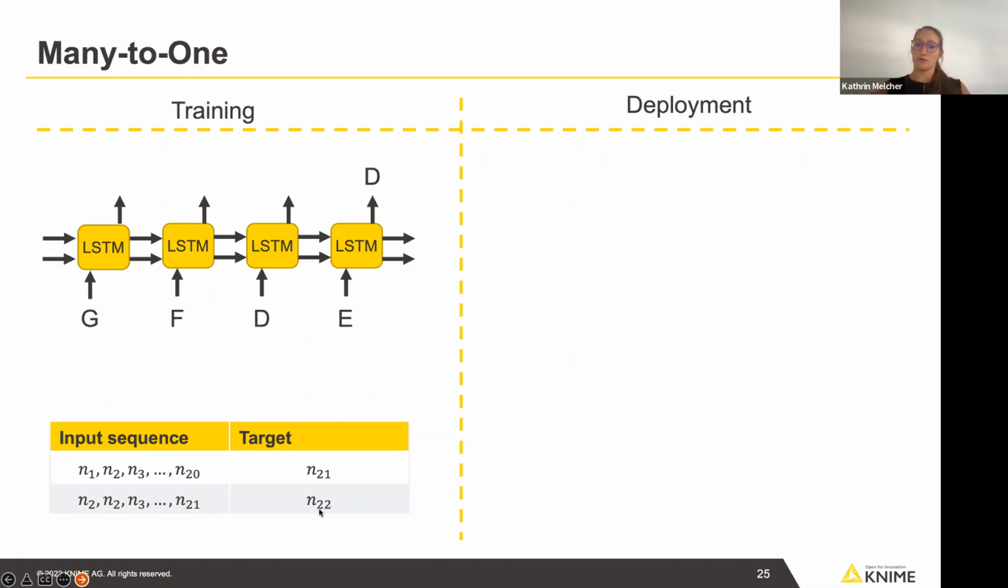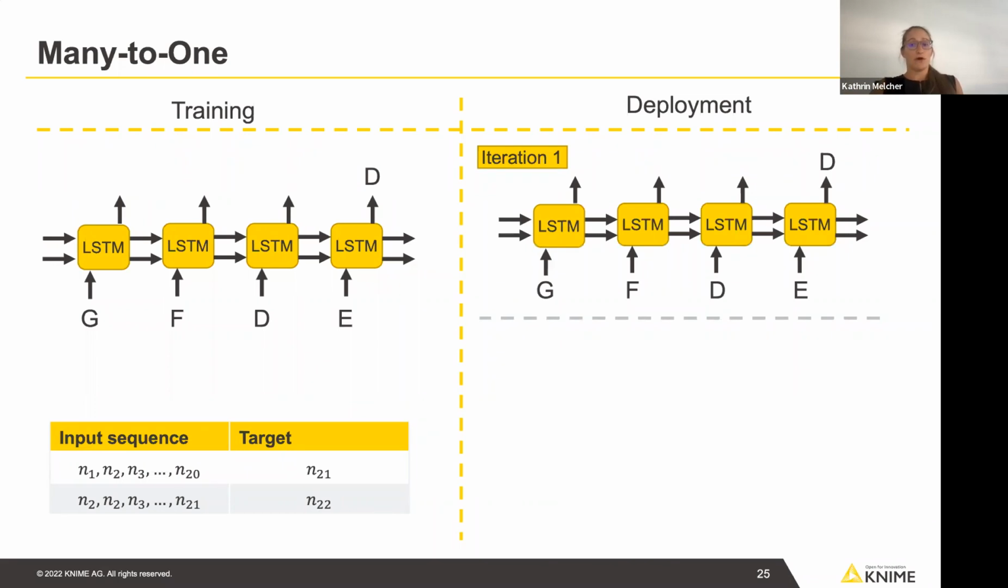If we train a network in this way, then during deployment, we also need a start sequence. We cannot just tell the network, start playing piano, but we would need to give it a start sequence, which it can use to initialize these hidden states after the first 20. In this case, we would give the network our start sequence, then it could predict the next tone in the first iteration.